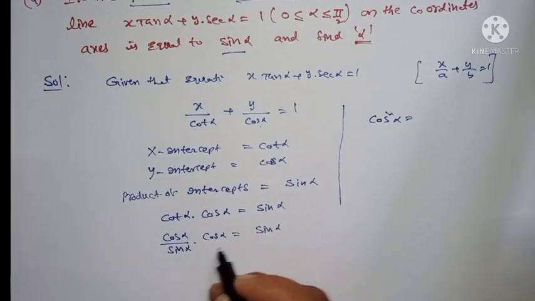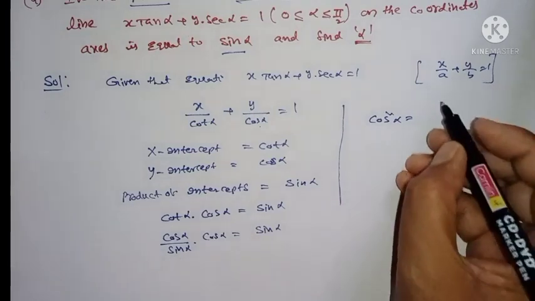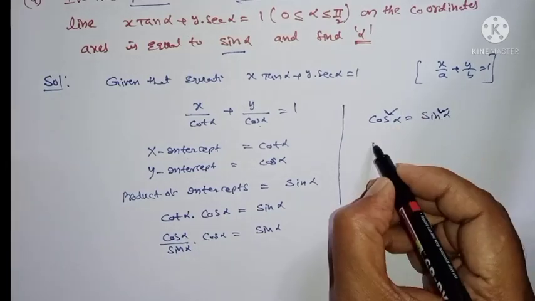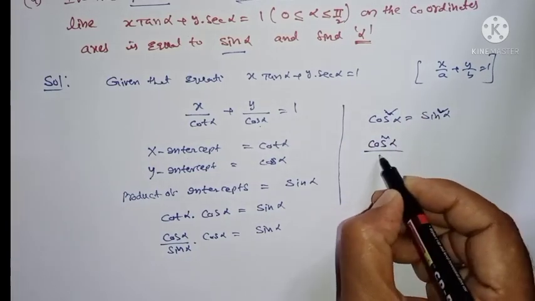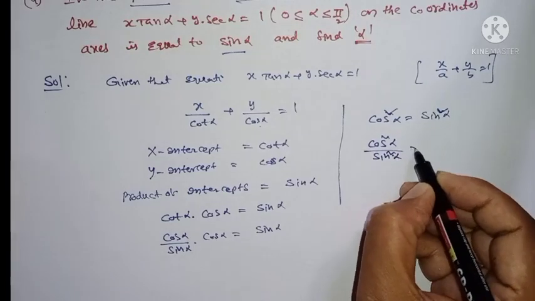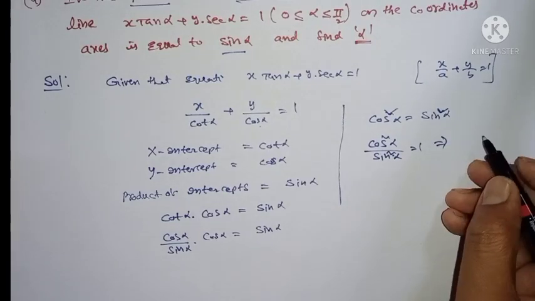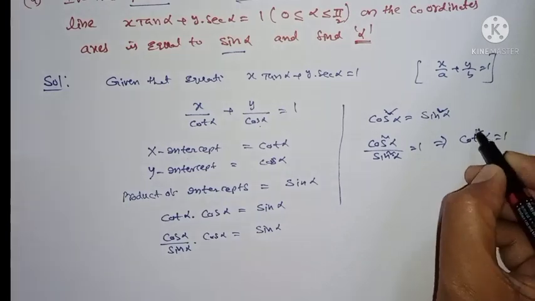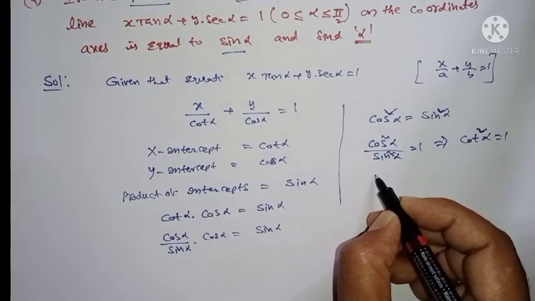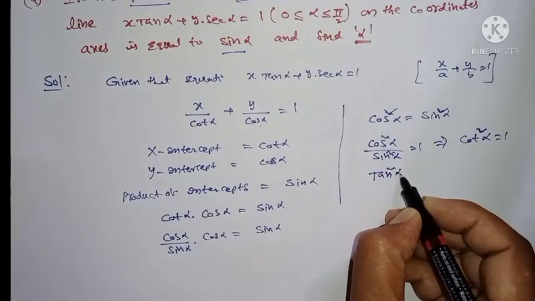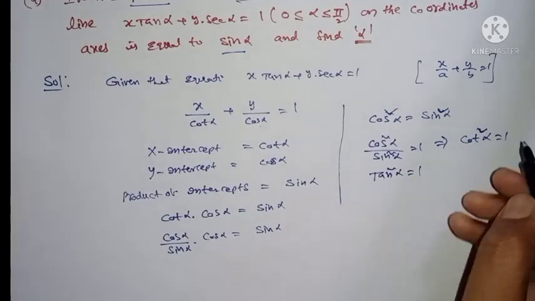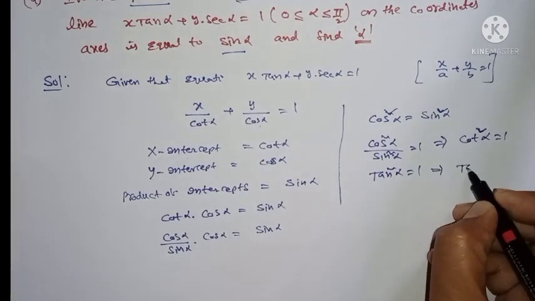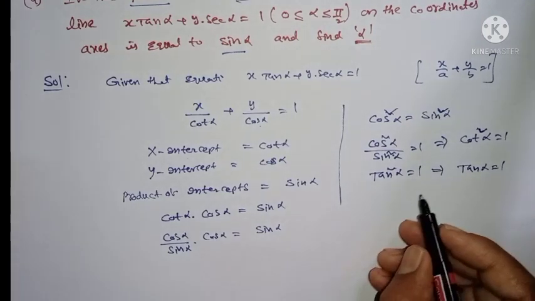With cross multiplication, sine alpha into sine alpha is sine square alpha, so cos square alpha by sine square alpha is equal to 1, or cot square alpha is equal to 1, or 1 by tan square alpha is 1, so tan square alpha is equal to 1. Therefore, tan alpha is equal to 1.